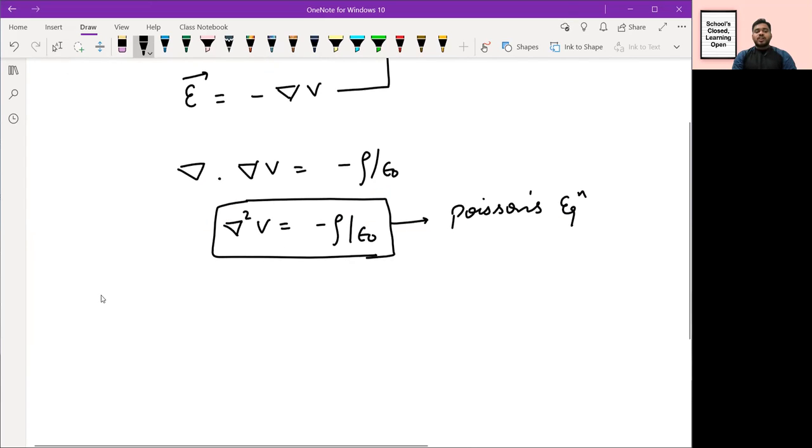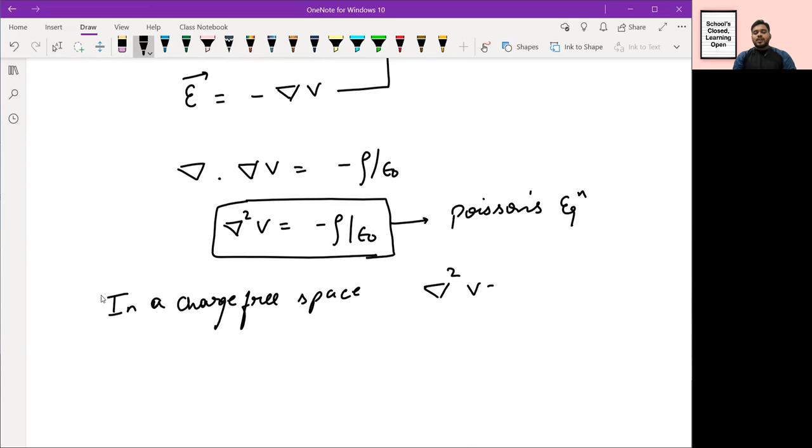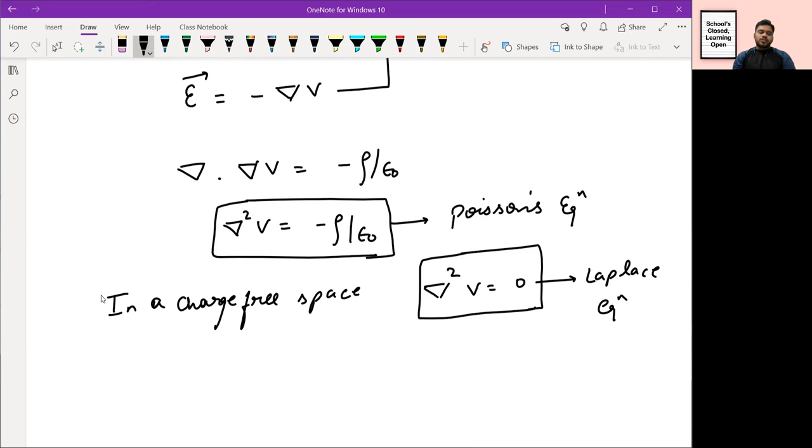If we have a charge free space, in a charge free space, we can write del square V equal to 0. This is known as Laplace equation, if rho is 0.